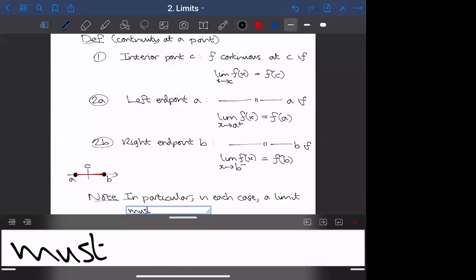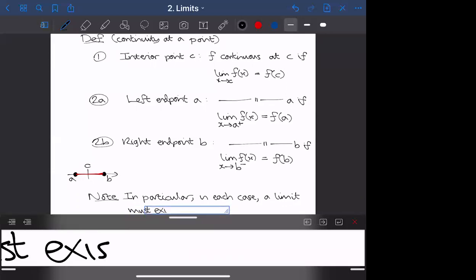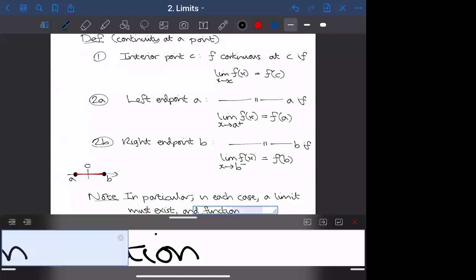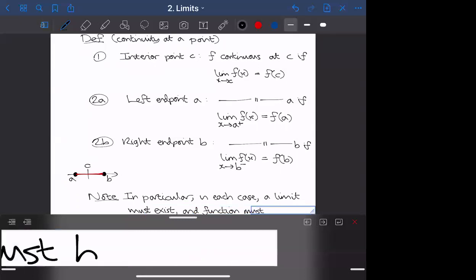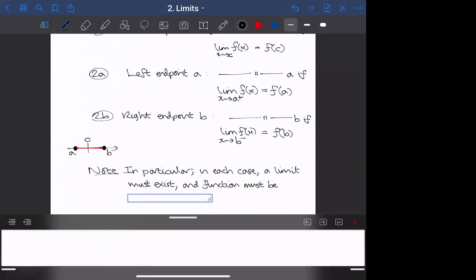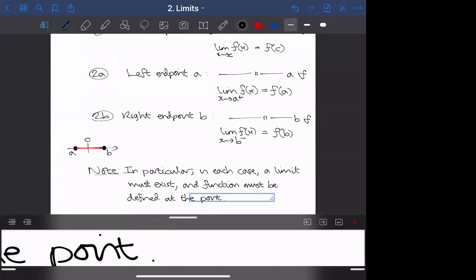At one of the endpoints, a one-sided limit must exist. But in each case, a limit must exist. And a function must be defined at the point. Because the definition of continuity says that the value of the limit equals the value of the function. So of course the function has to be defined, and the limit has to exist.